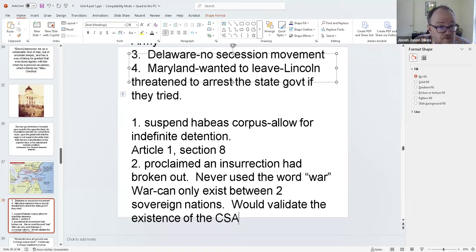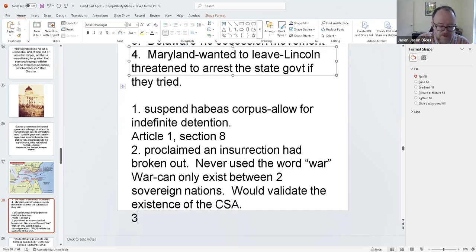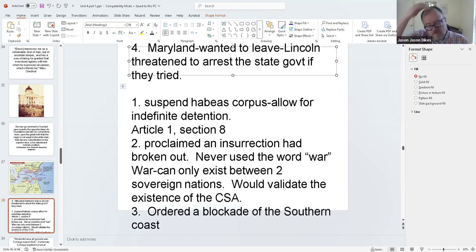So Lincoln will never use the word war in his speech or his writing. He'll never use it. And finally, Lincoln will order a blockade of the southern coast, which legally is an act of war.